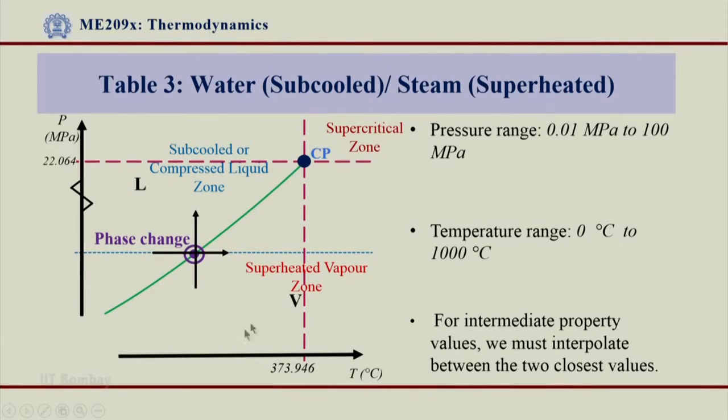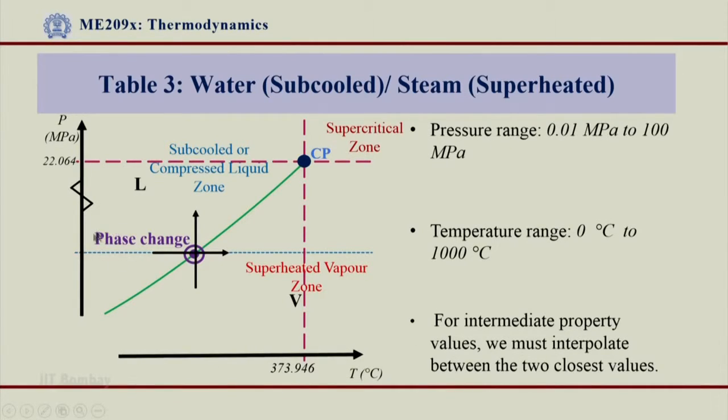Similarly, if I start increasing the pressure from a system which lied in a superheated vapor zone initially, maybe in this zone somewhere at this point, and if I go on increasing the pressure now, I will again come across phase change. This is what one can actually see from Table 3 also, alright.